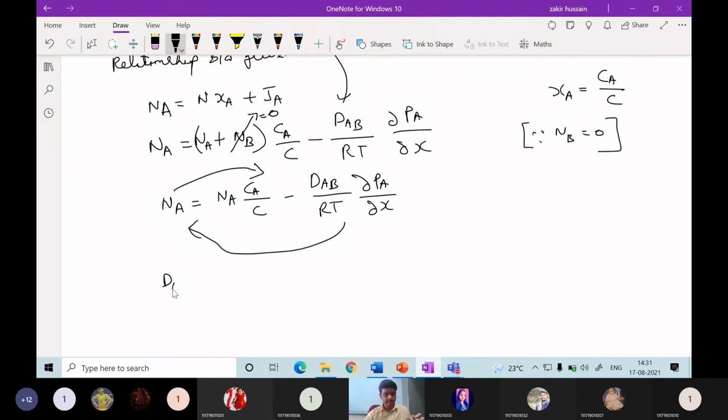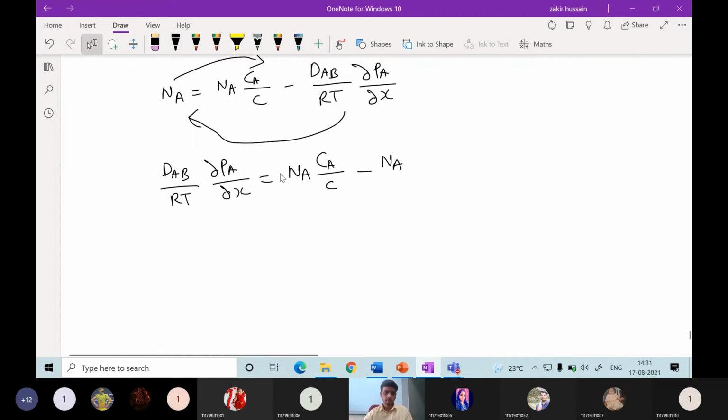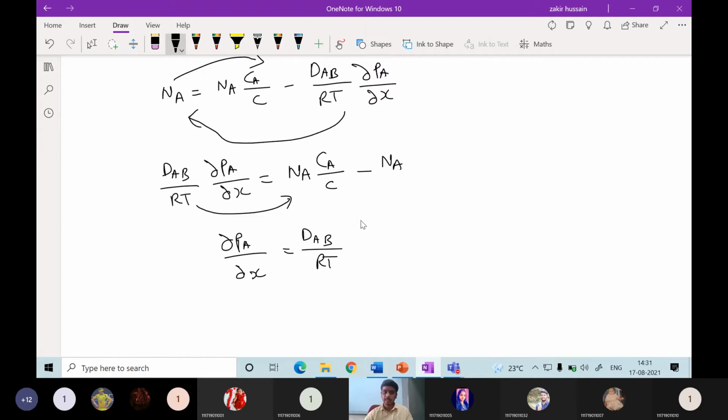That is DAB by RT into dou PA by dou X is equal to NA into CA divided by C, with a minus sign. Now let us send DAB by RT to the other side and take C common. So that is NA into CA minus C times NA.